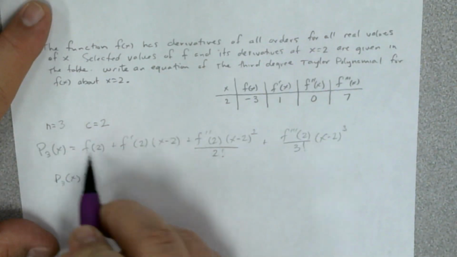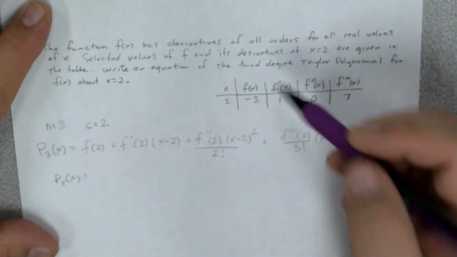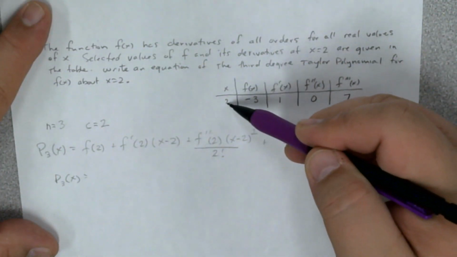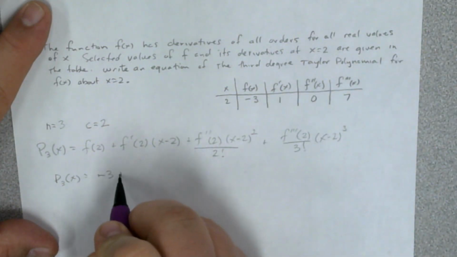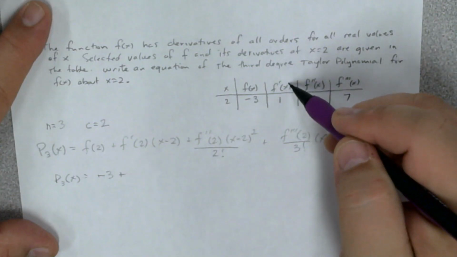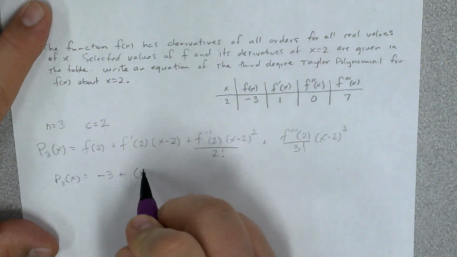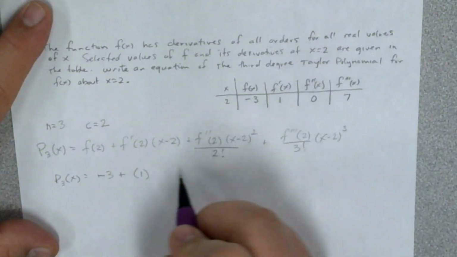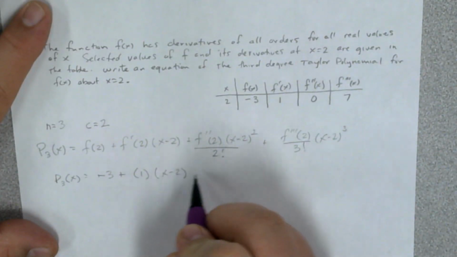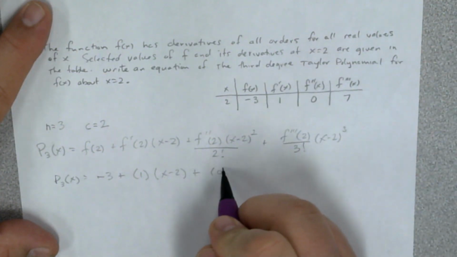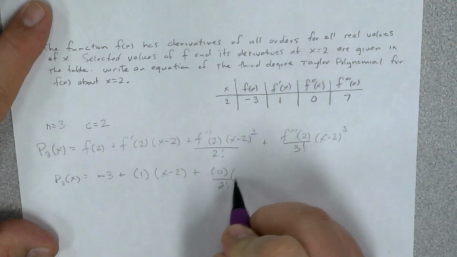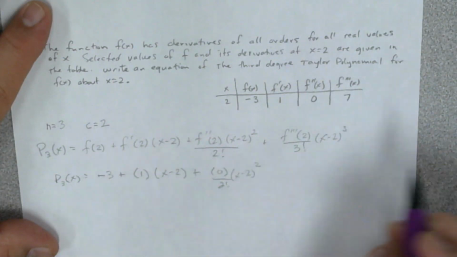Do I know the value of the function at 2? Here's the function, x is equal to 2. The value of the function is negative 3. f prime at 2 is 1, and that'll be times x minus 2. The second derivative at 2 is 0, so this will be 0 over 2 factorial x minus 2 squared.